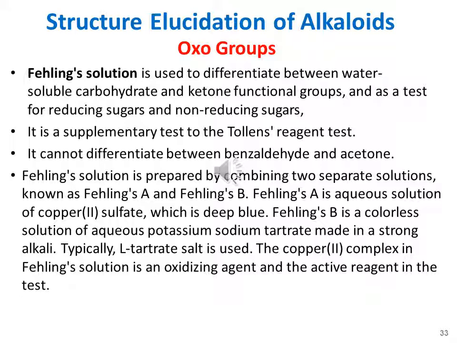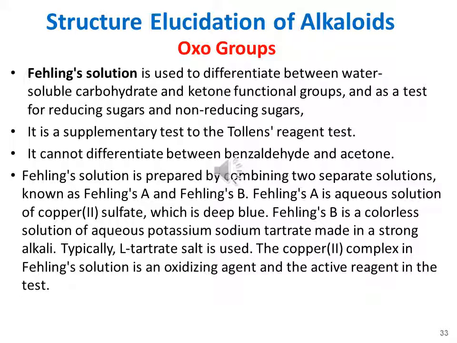Fehling's solution A is an aqueous solution of copper sulfate, which is deep blue in color. Fehling's solution B is a colorless solution of aqueous potassium sodium tartrate, also known as the Rochelle salt. This Rochelle salt is made alkaline with a strong alkali, commonly sodium hydroxide.